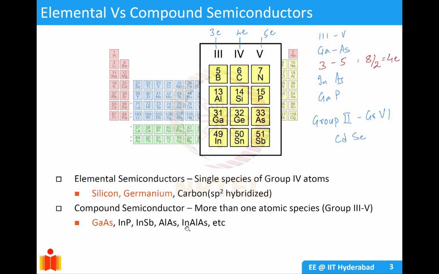And then you can have more than two elements also, like indium aluminum arsenide.